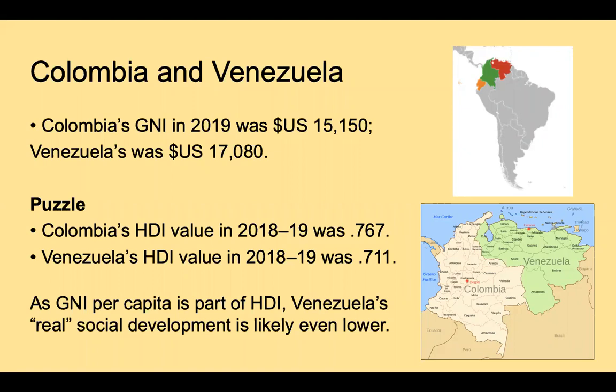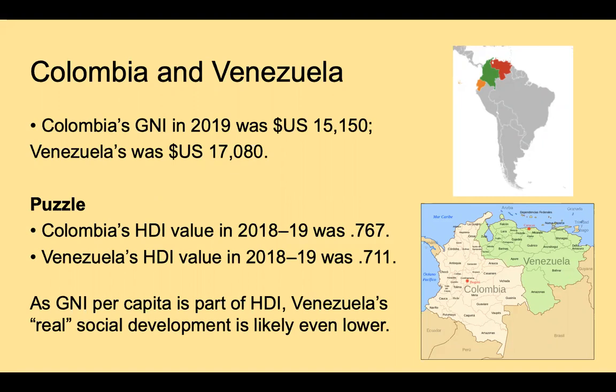Venezuela, by contrast, 0.711. Now, they're both categorized technically as more developed or more humanly developed countries, but Venezuela is at the very bottom of that list. And moreover, the trend in Venezuela is a sharp decrease, while in Colombia, it's steadily growing and increasing.